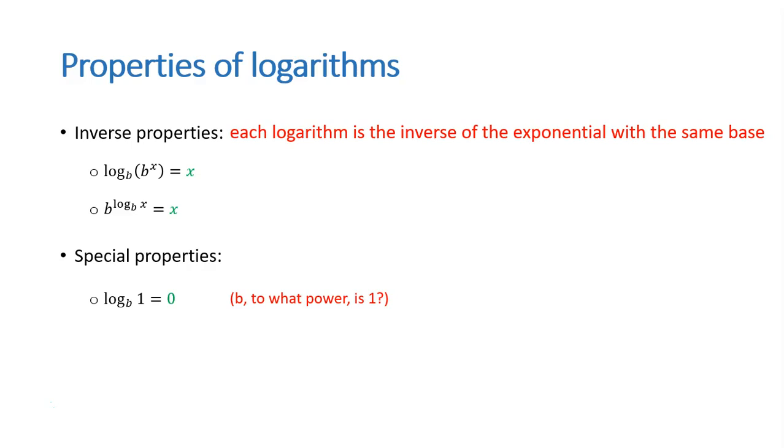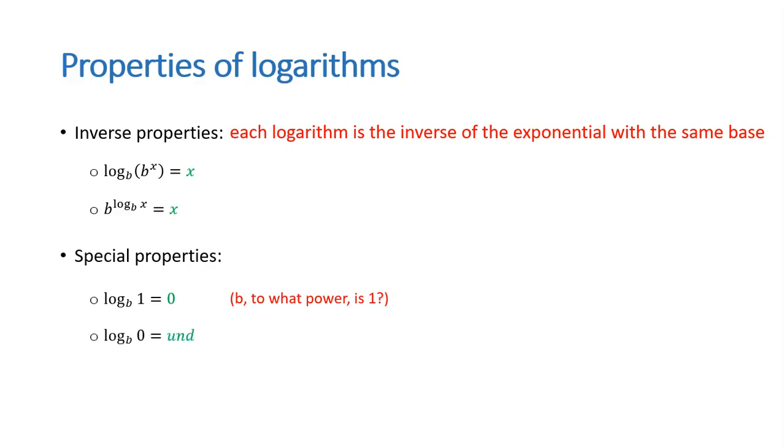In other words, what's the exponent we raise b to in order to get an output of 1? Well, regardless of what the base is, if we raise it to the 0 power, we get a 1. So log base b of 1 is equal to 0.